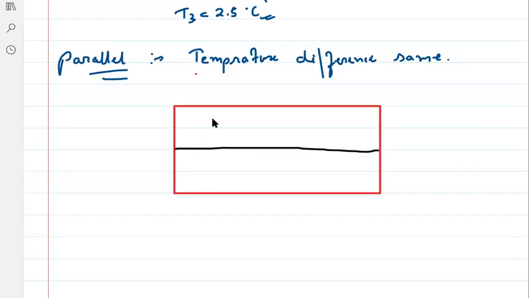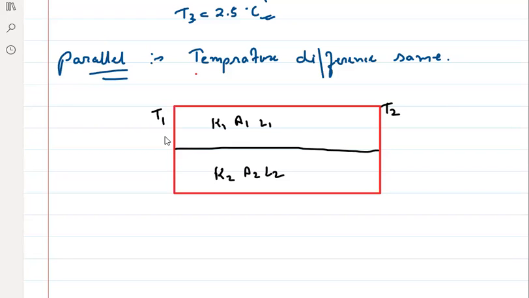There are two rods. So it is K1, A1, L1, K2, A2, L2. Got it? Now this is a temperature T1 and this is a temperature T2. So what can I say? Think about it.